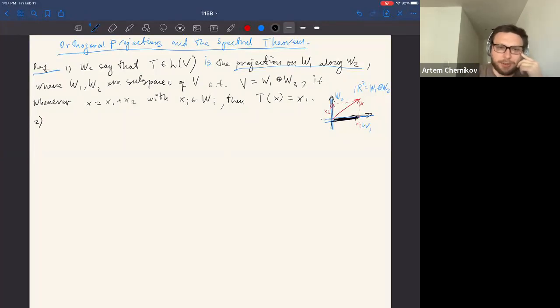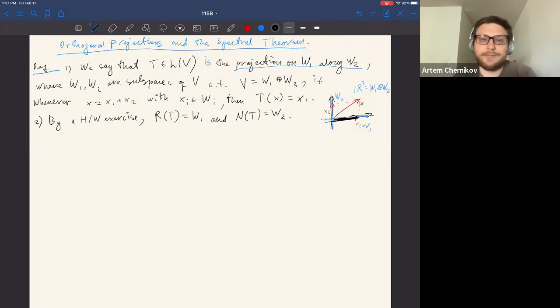We defined projection. Now, part two, by homework exercise, we already know that in this situation, the range of T is going to be W1, and the null space of T is going to be precisely W2.